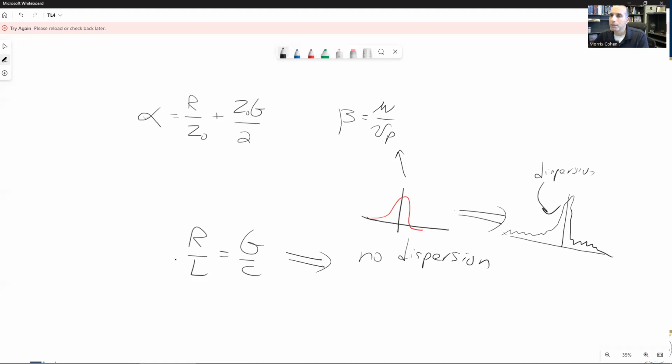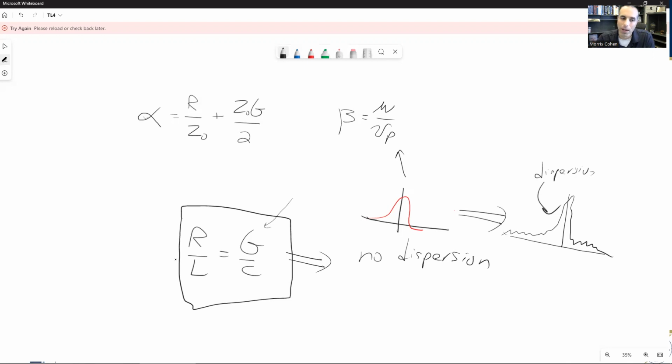So oftentimes in the design of very critical cables, like ones linking very high frequency signals, you try very hard to design the transmission line for this condition to be met in order to reduce dispersion. The trouble here is that, as we mentioned, G is very often 0.